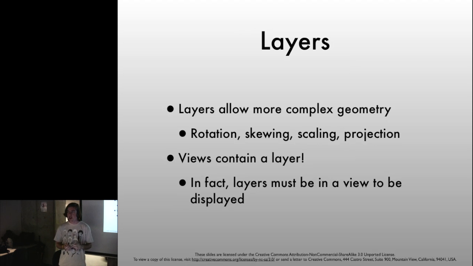Layers, on the other hand, allow much more complex geometry, basically much more 3D geometry, where you have rotations and skewing and weird scaling effects and shears and projection effects, which you can't do with views. Like I said, the only transformations you can apply to views are affine transformations. Layers you can apply arbitrary transformations to.